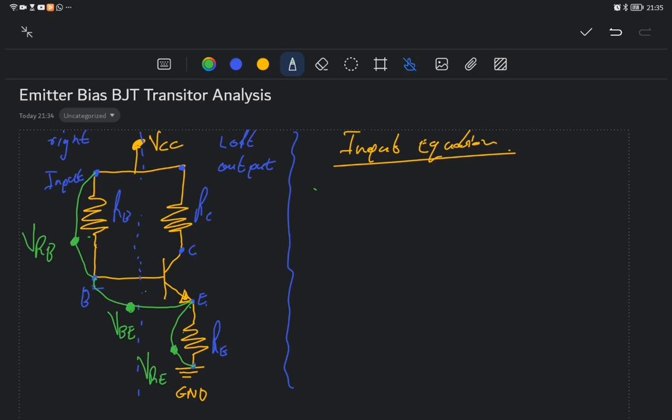Let's continue and find it. So it's going to be VCC equivalent to VRB plus VBE plus VRE.